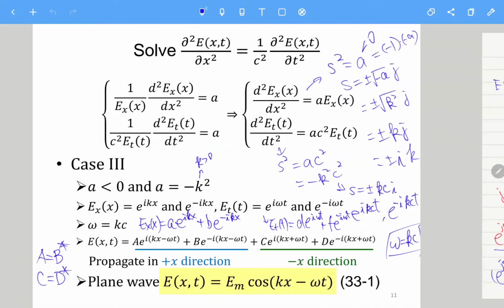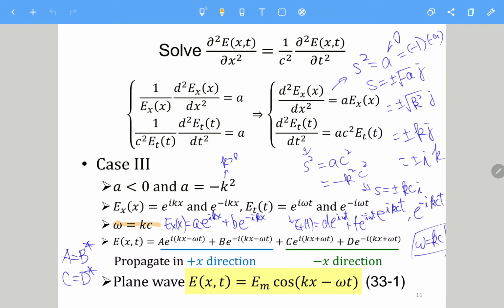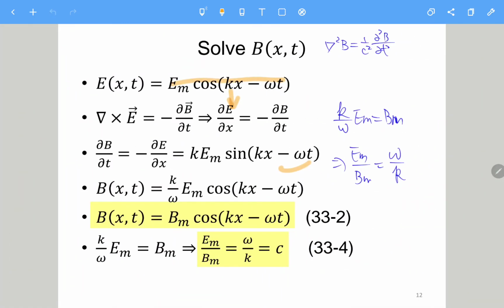And some pages before, what we got is omega equals kc, which means that omega over k is c. So the ratio between the E field and the B field in the EM wave is the speed of light. So k over omega times E_m equals B_m. So we get E_m over B_m is omega over k equals c.